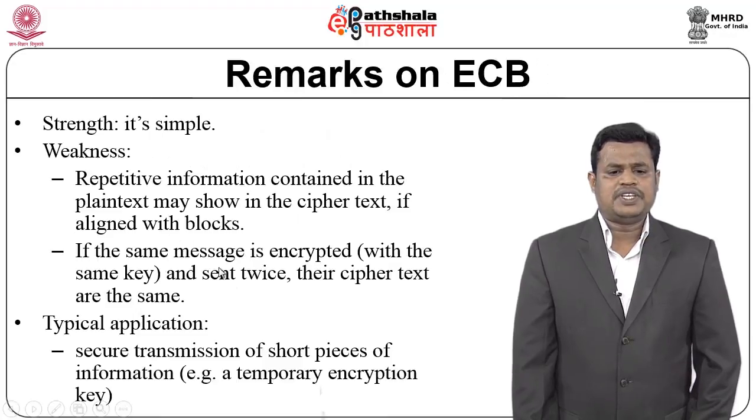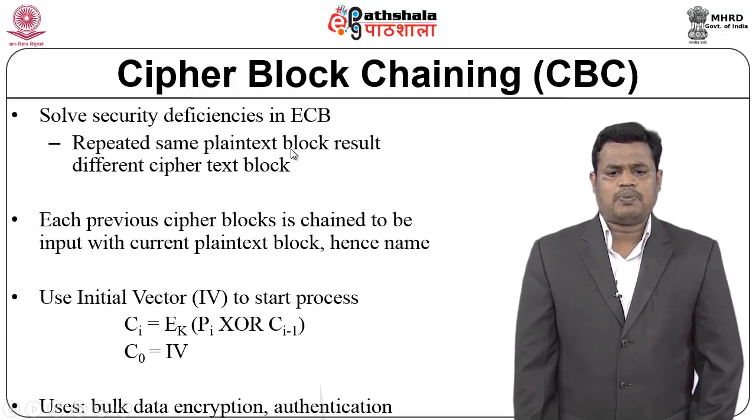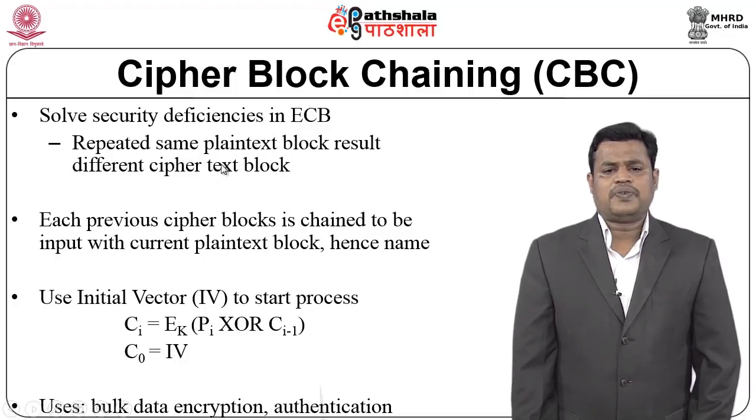Repeated information in the plaintext may show in the ciphertext, since blocks are encrypted independently. Another problem is that if the same message is encrypted and sent twice, the ciphertext is also the same. In CBC, the same repeated plaintext block results in different ciphertext, which is the deficiency in the case of ECB.